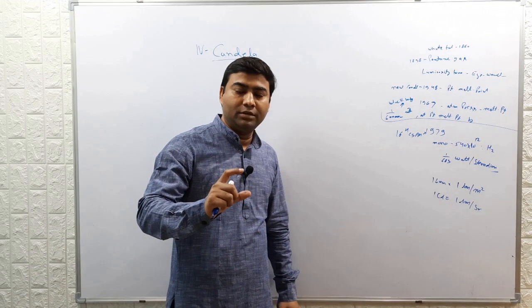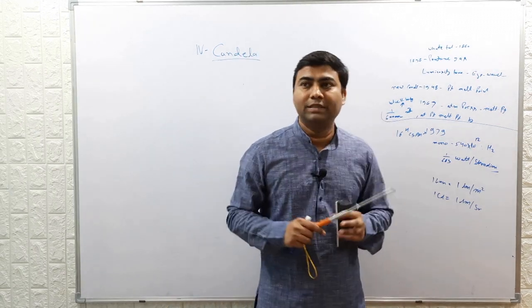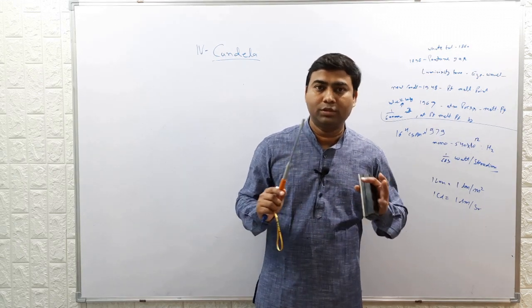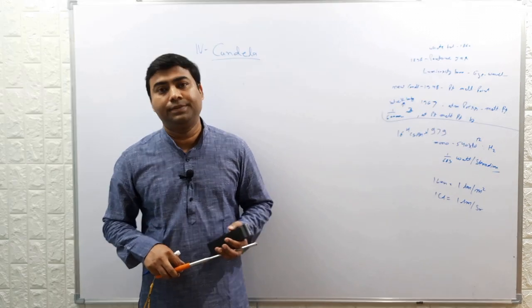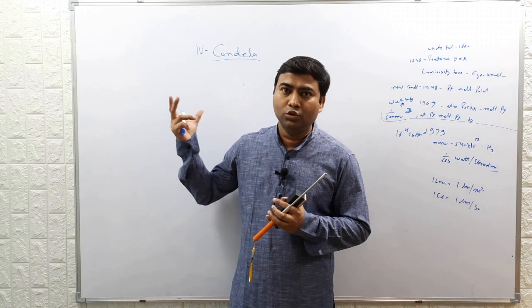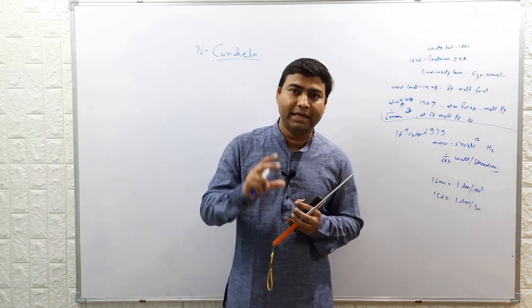Candela is a base unit in the SI system, International System of Units, which represents the luminous intensity of a source. So in early days, near 1860, the name of this unit, candela, came from candle, a simple wax candle.